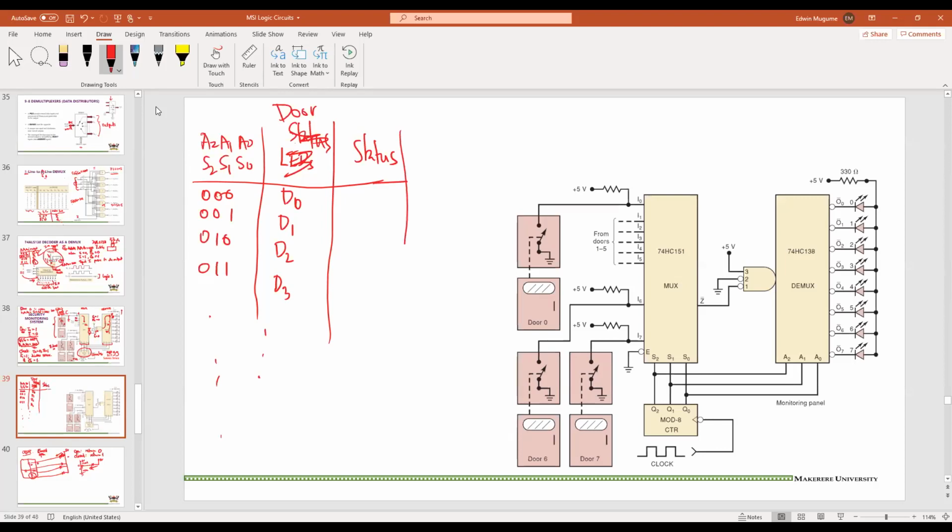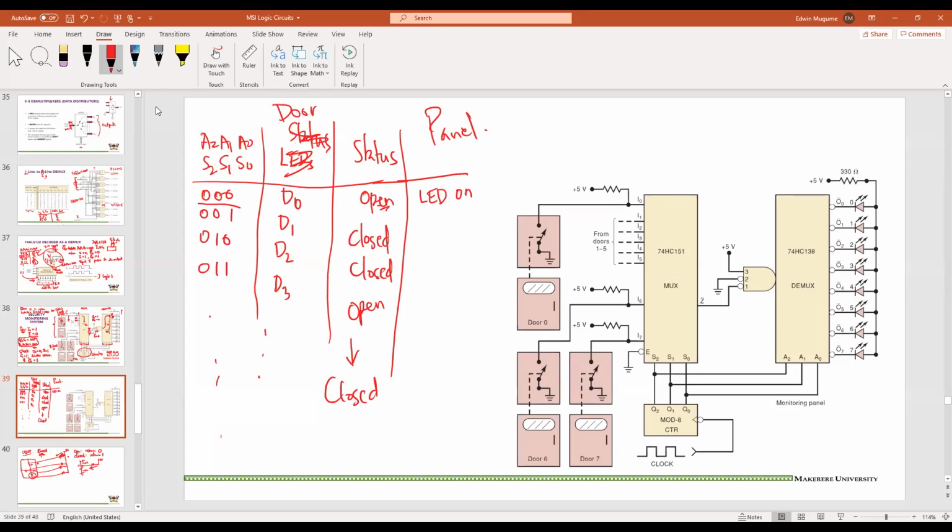Now, assume status. We are going to say, what is the status of the door? Let's assume this one is open, this one is closed, this one is closed, this one is open, and the rest are all closed. On the panel, when the counter is counting 000, this LED will come on because it is open. When the counter counts to 001, this LED will be off because door 1 is closed.